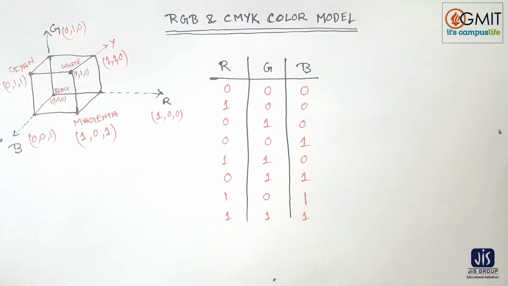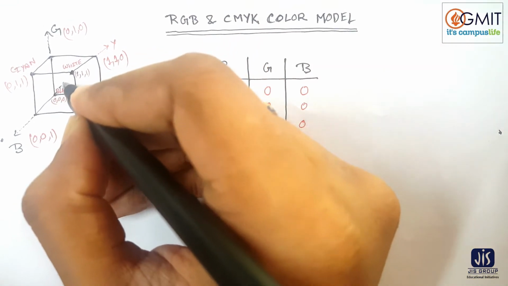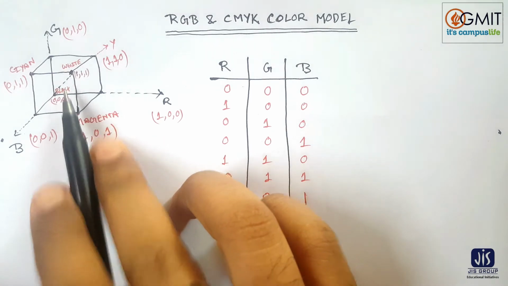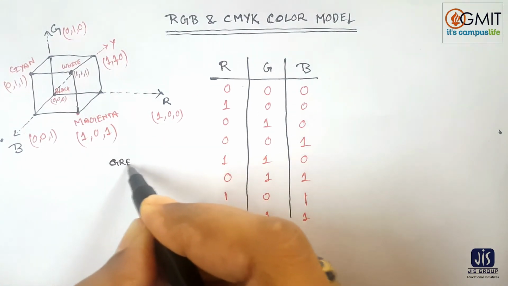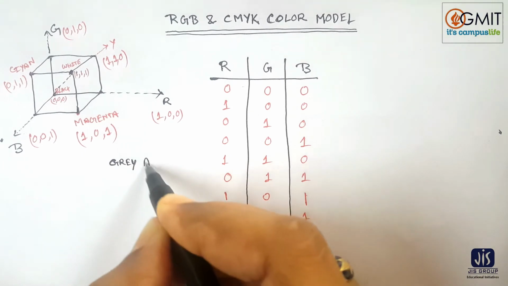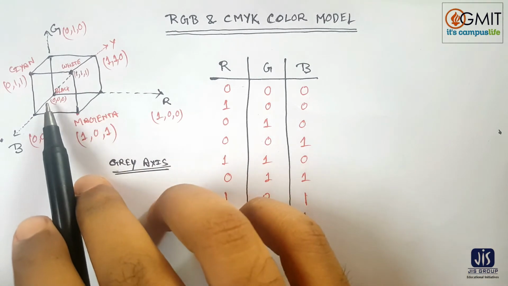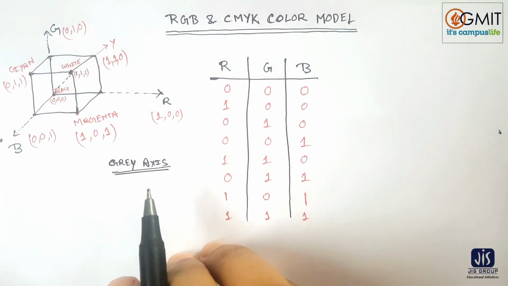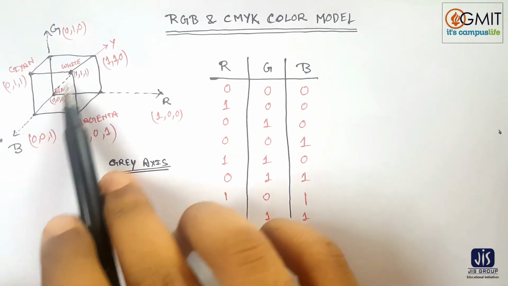Okay, now here is a question. There is an axis between these joining points, that is, black and white. This axis is called the gray axis. So whatever the value between 0 and 1, suppose the value is 0.99997, this point must lie within the gray axis.